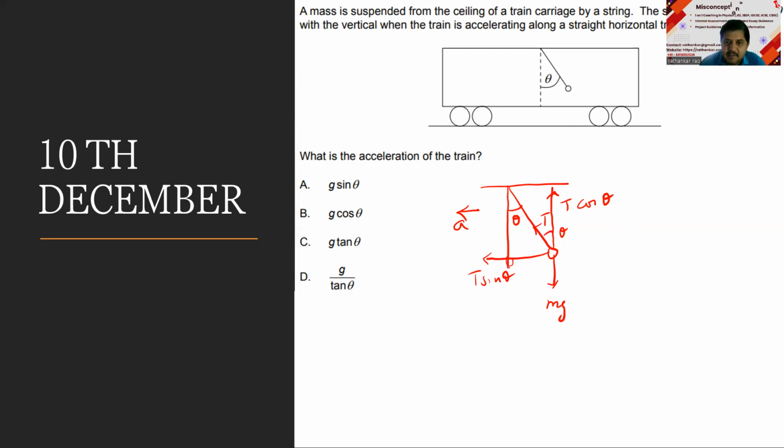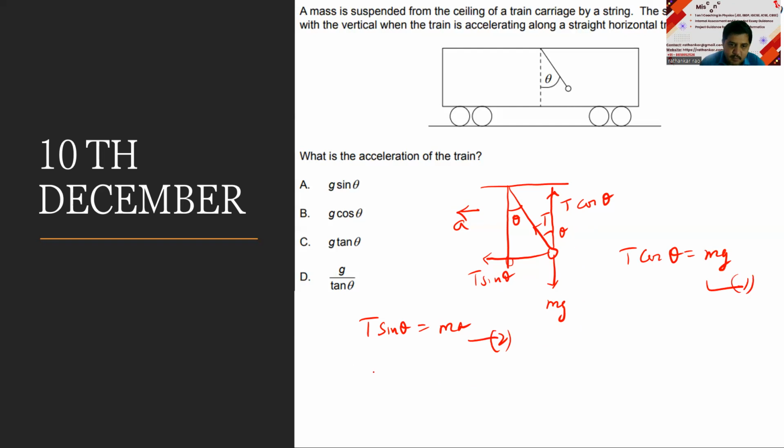Now, what we have is an unbalanced force. I can write from Newton's laws that T sin theta is equal to ma. Similarly, from this diagram, T cos theta is equal to mg. We have one equation here and another equation here. Let me divide one by the other.